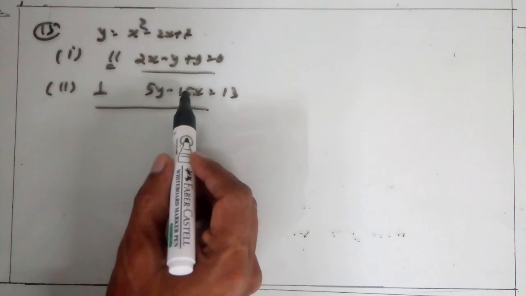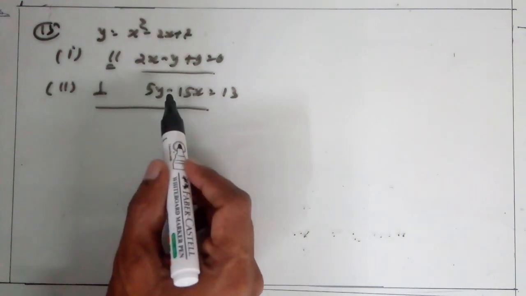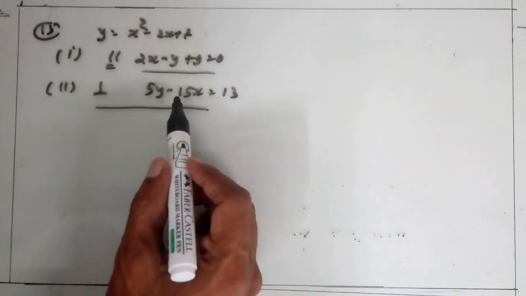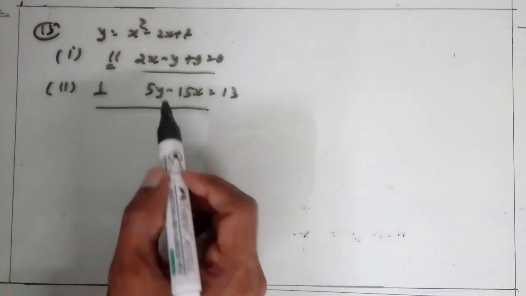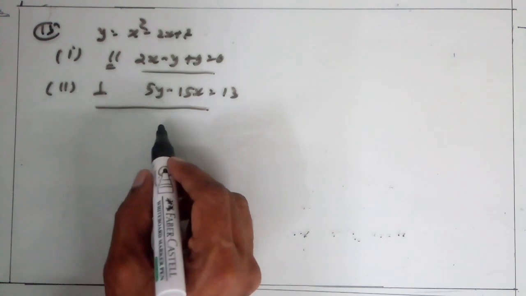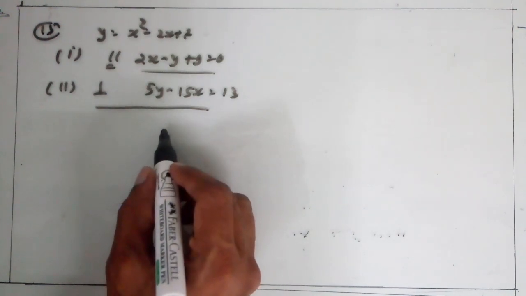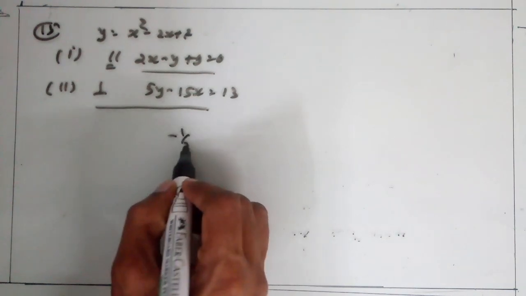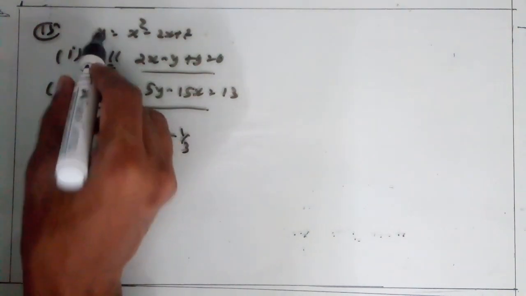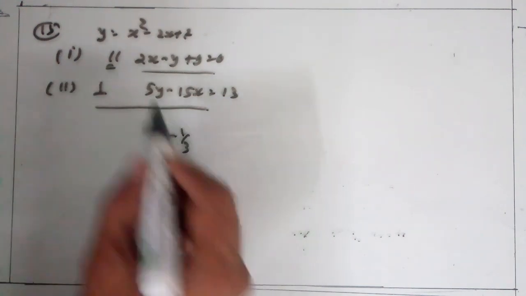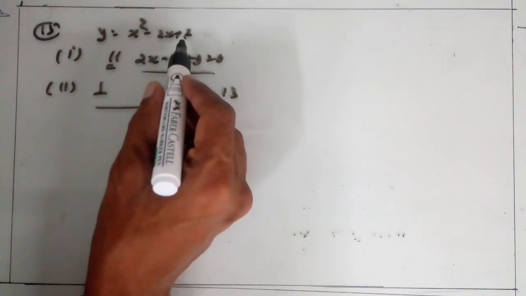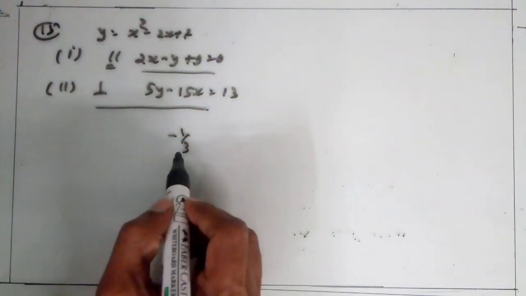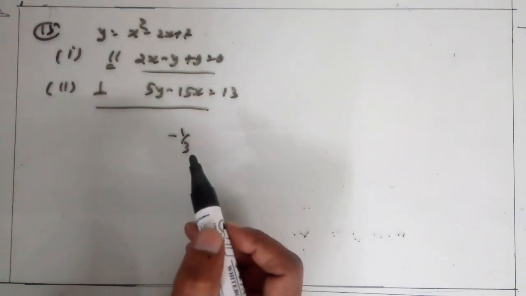So minus minus plus 15 upon 5 is equal to plus 3. And tangent is perpendicular to this. So slope of tangent becomes reciprocal additive inverse of 3, which is equal to minus 1 upon 3. Compare dy dx with minus 1 upon 3, we get value of x. And using x in this equation, we get value of y. Using point and slope, we get equation of a tangent.